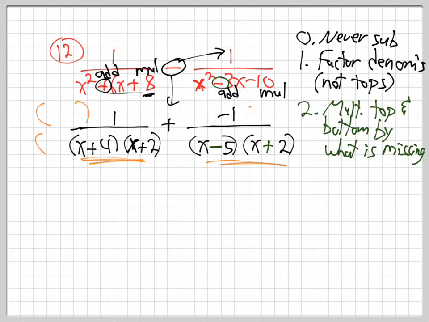Over here, top and bottom, I'm going to give him whatever he's missing that the other guy has. It's like looking at your neighbors and saying, what do they got? So we're doing what you shouldn't do: looking at our neighbors, looking at the other denominator, saying, what does he have that I don't have? What am I missing? x minus 5, right? So you give it to him top and bottom. x minus 5, x minus 5.